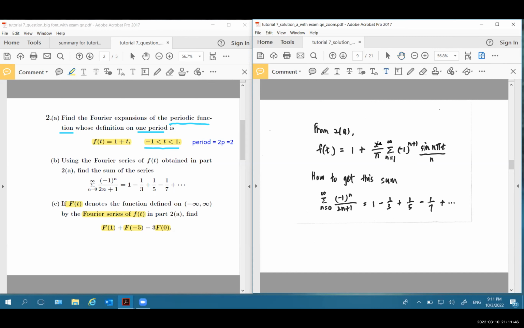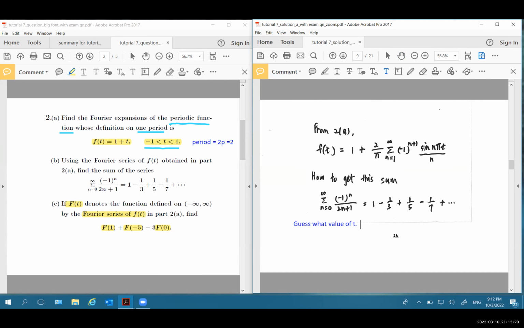Now we know we need to substitute some value of t, so you need to guess what value of t to substitute. Of course we must make an intelligent guess, not just anyhow guess. First of all, this value of t should be a nice number, because if the number is not nice, then how to guess?